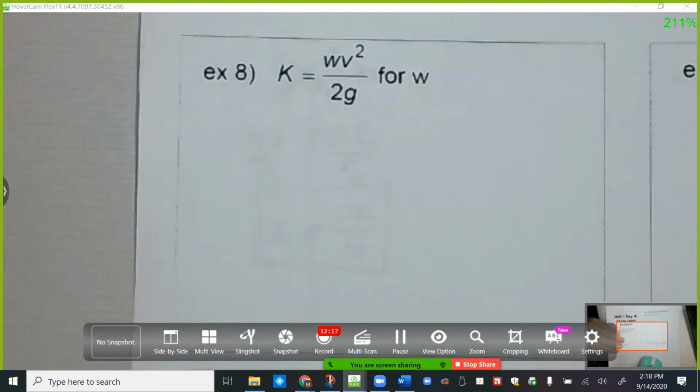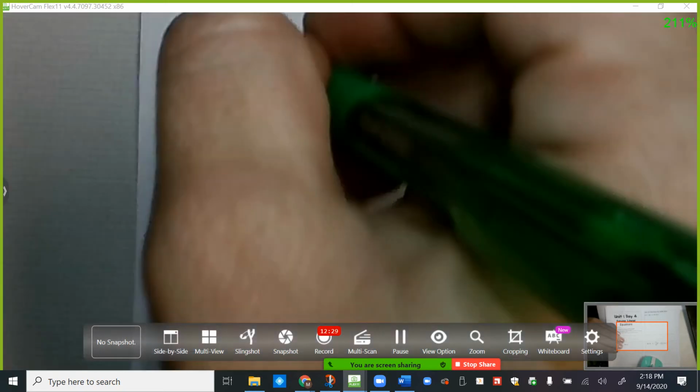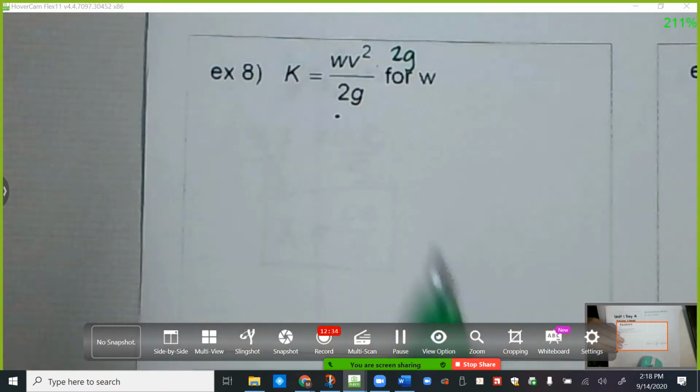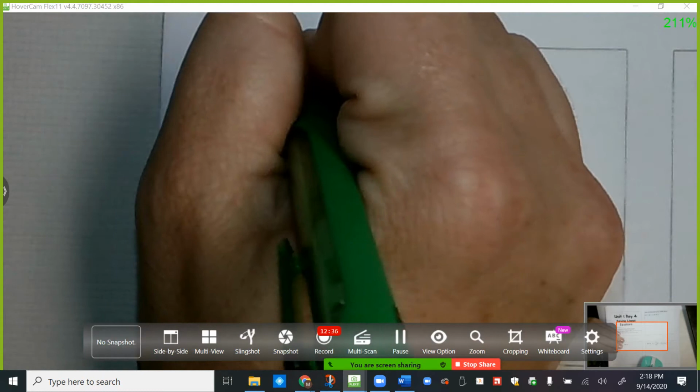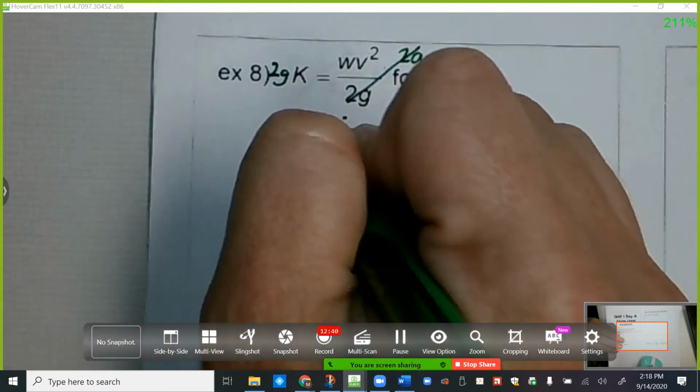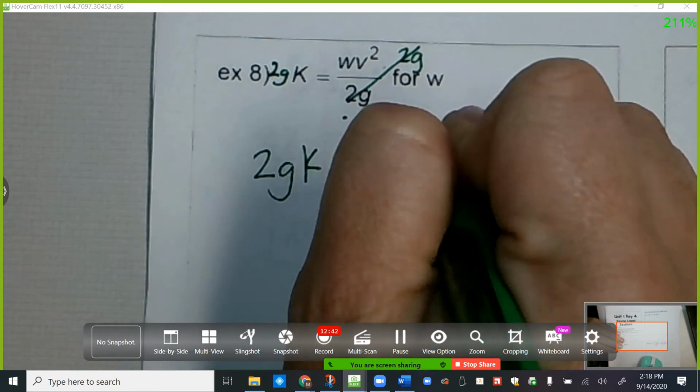Go away. Okay. Is this one much different? No. So what do we want to do? Okay, we can multiply both sides by what? By 2g. We're going to multiply by the denominator because we're trying to cancel the fraction. So that cancels, and we get 2gk equals wv squared.